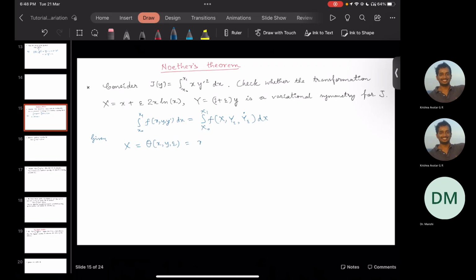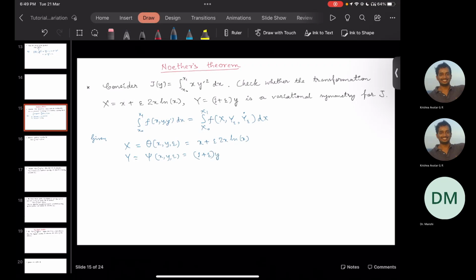And this is equal to x plus epsilon 2x natural log of x, and likewise capital Y is equal to psi of x, y, epsilon, which is equal to 1 plus epsilon times y.